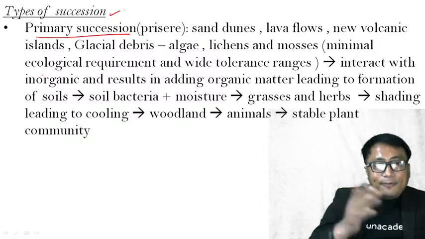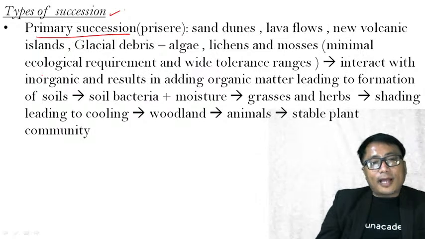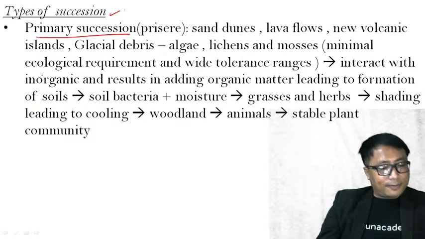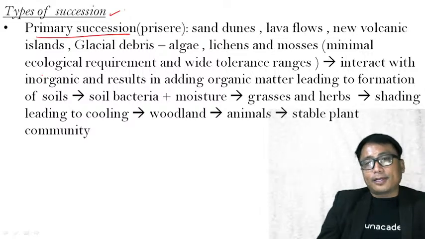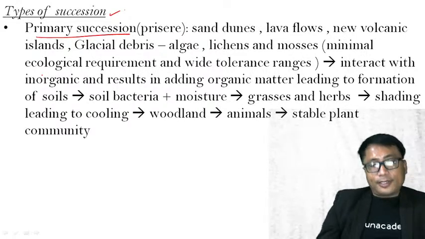In the type of ecological succession based on the habitat that we have seen just now, that is the primary and secondary succession, an example of primary succession I have already mentioned, but let me tell you once again.